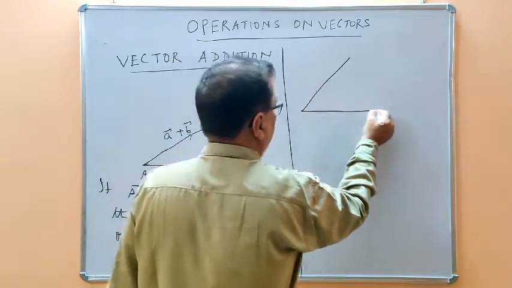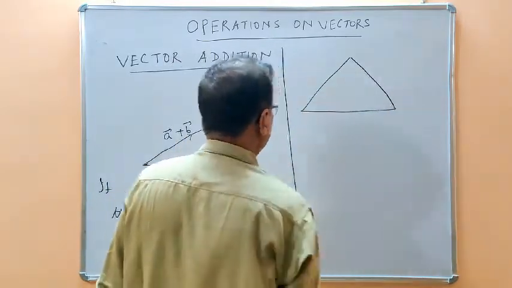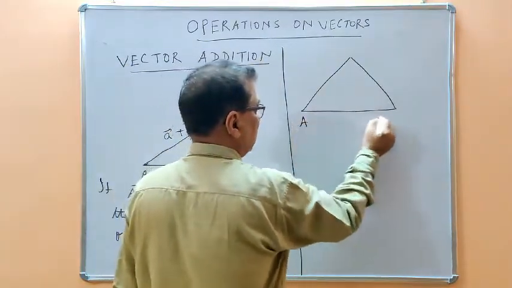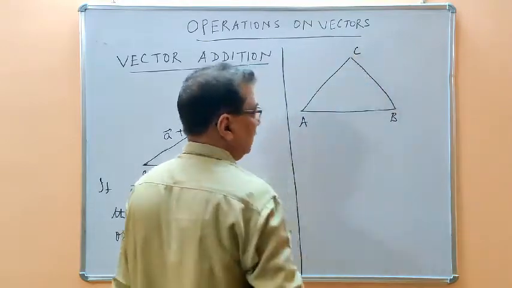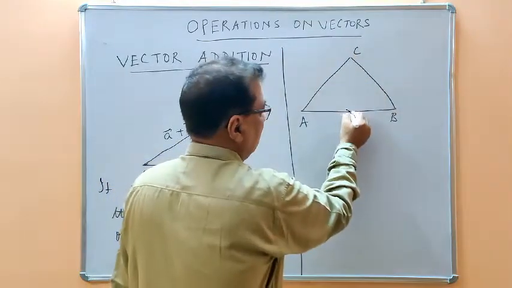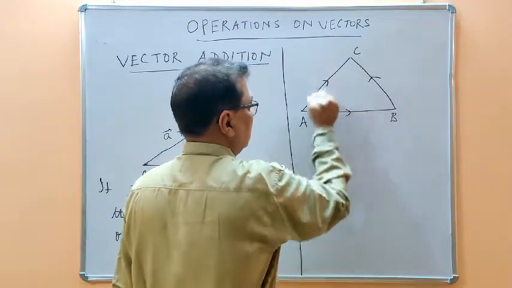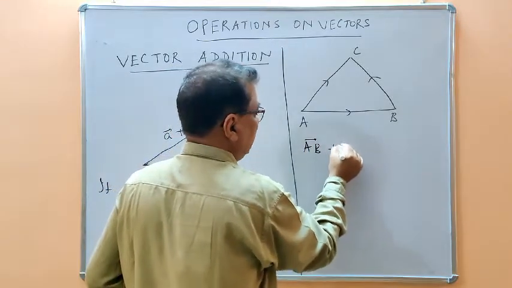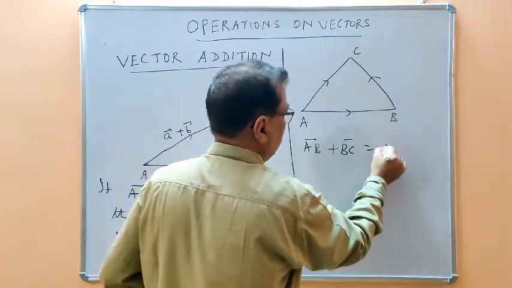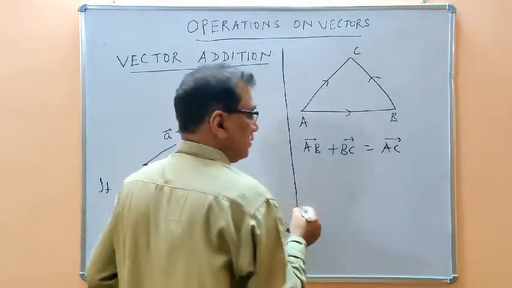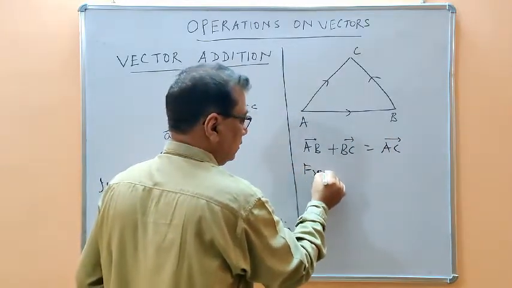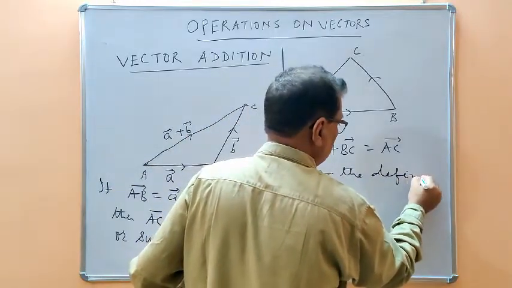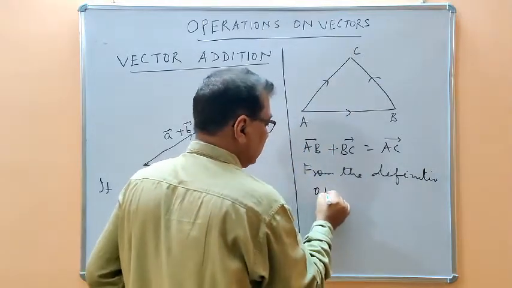If I again go with this triangle in which I have written this vertex as A, this as B, and this as C. So what we find is that if this direction is maintained, then AB plus BC is equal to AC. Okay, this is from the definition of addition of vectors. Okay.